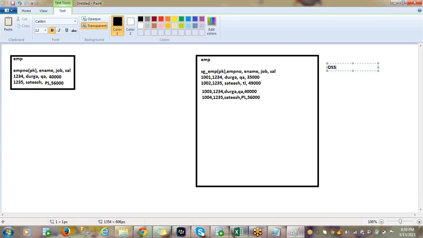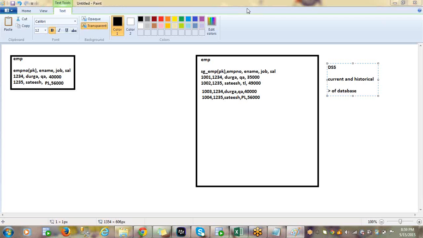If I need a decision support system, I need to ensure that my tables hold both current and historical information. Definitely I have to go with a greater size of database or tables compared to your database tables.